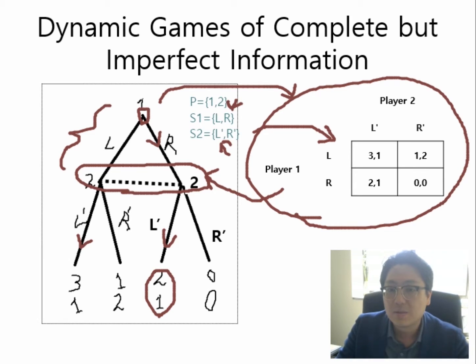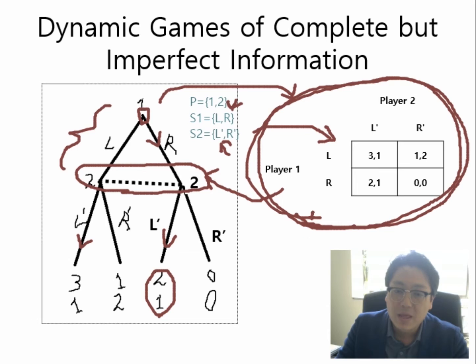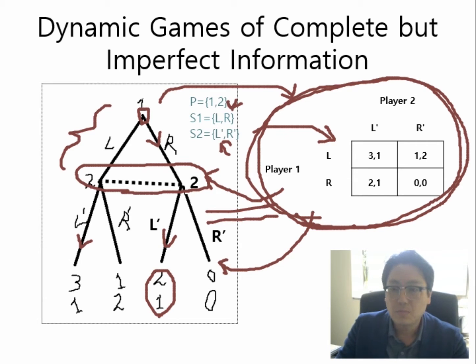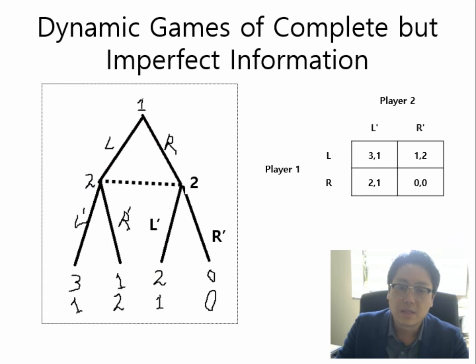What it means is that in some cases, we can describe this normal form game as an extensive form game without loss of any information. So what we can see here is that this game and this game are equivalent. Can you see that? Because this extensive form game can be changed to this normal form game without loss of information.